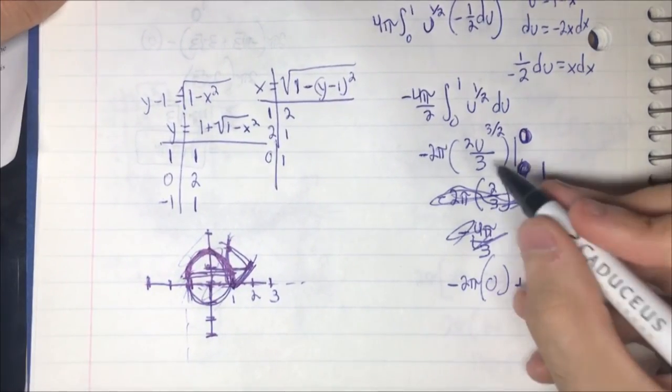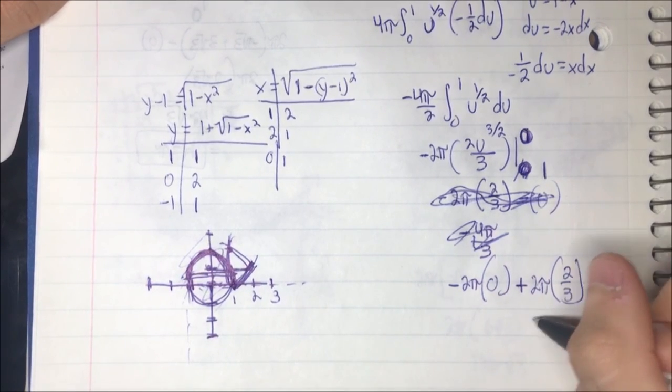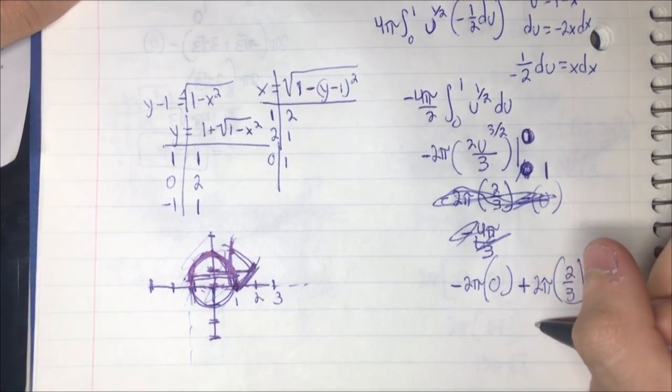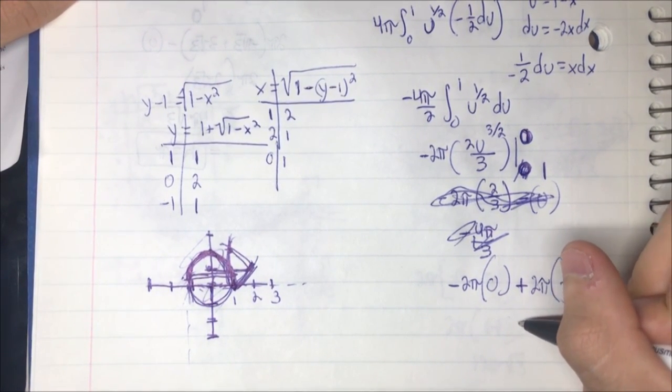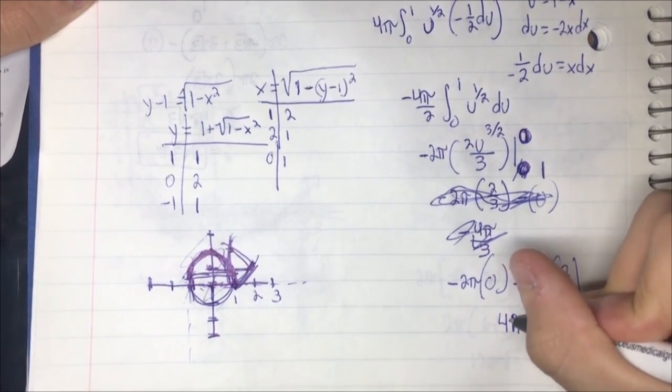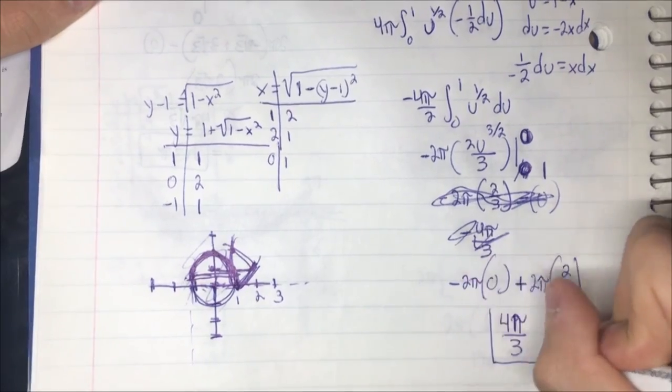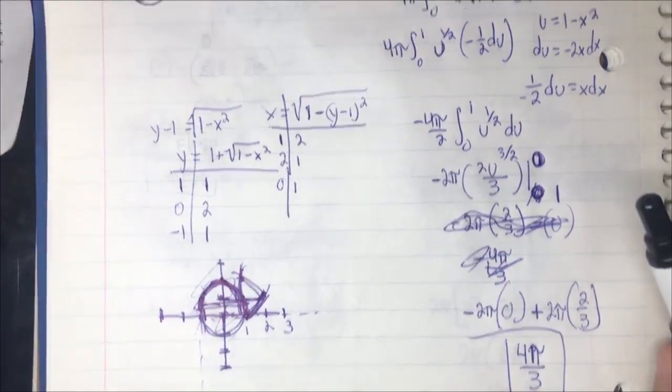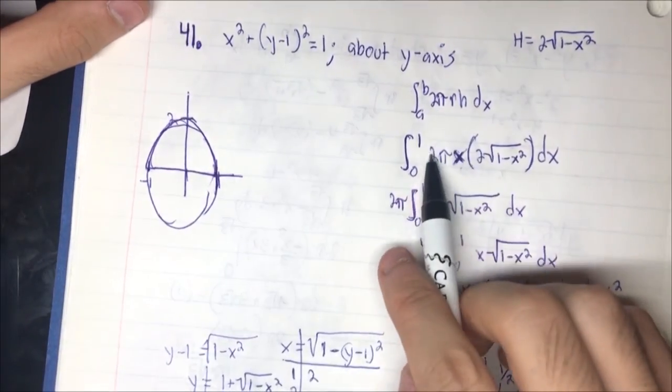So it was basically the opposite of what I did. We had one too many negatives, so when you multiply it, you get 4 pi over 3, and that's the answer. Except I really have no idea how to get this.